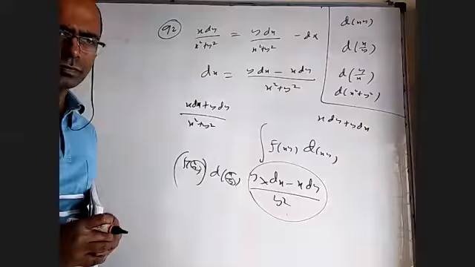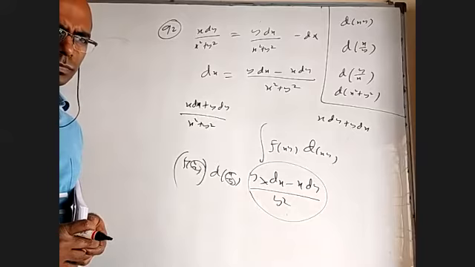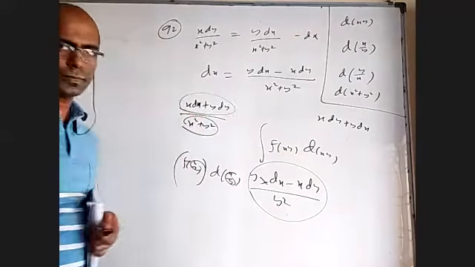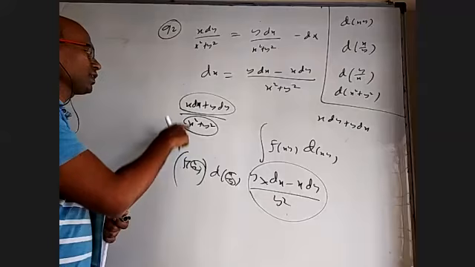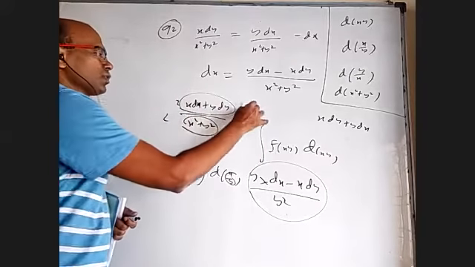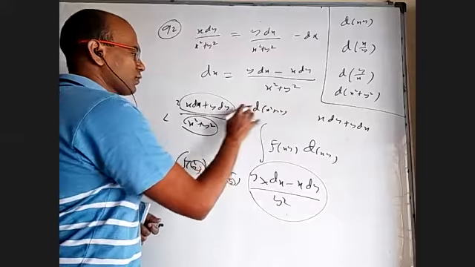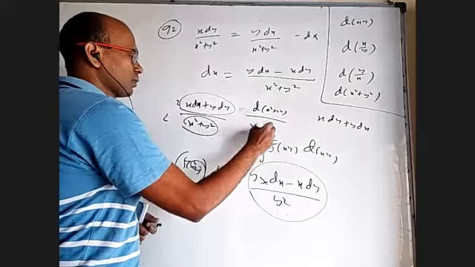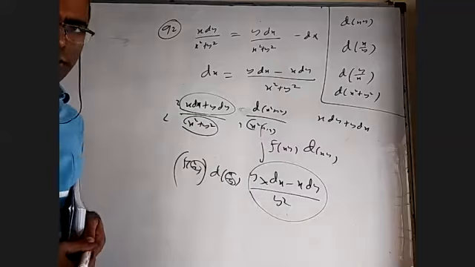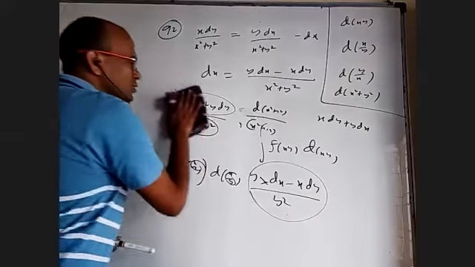The derivative of x² is 2x dx, the derivative of y² is 2y dy. Multiply by 2 and divide by 2. You are going to write d of (x² + y²) by (x² + y²), maybe into 2. dt/t integral will be easy. But here a little bit of work is there. You have to adjust.